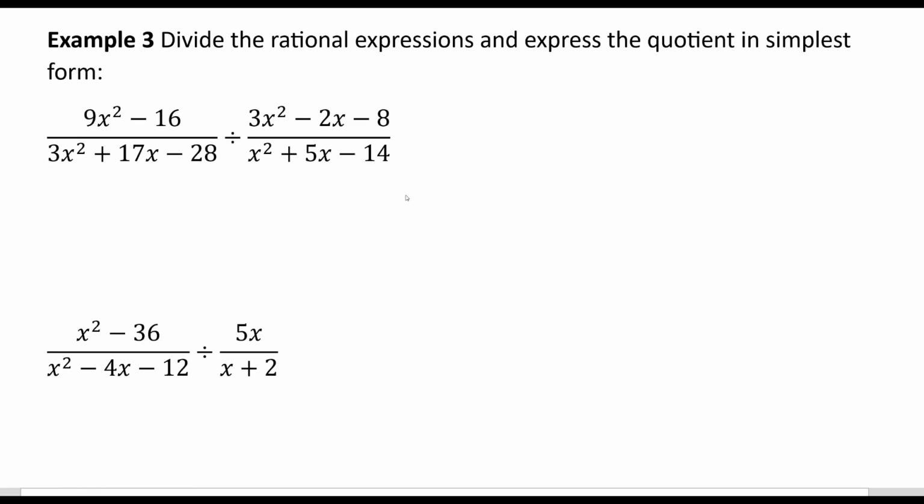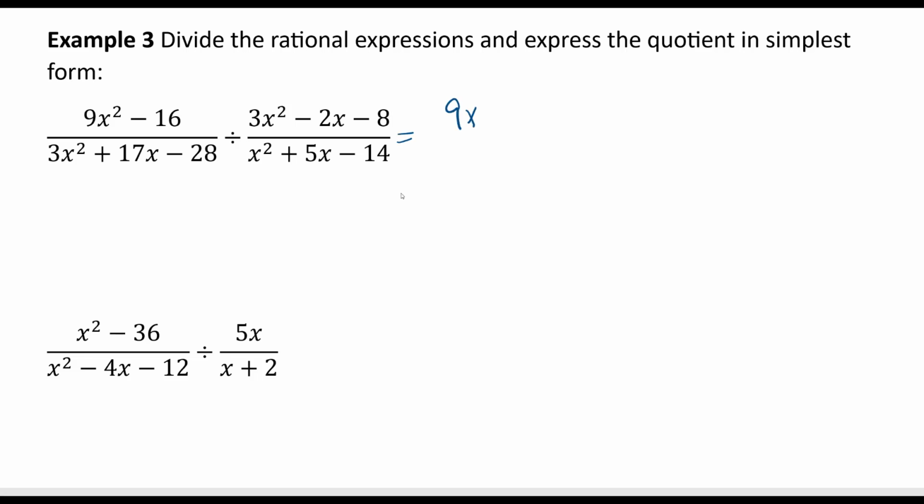Okay, so let's see what we have here. 9x squared minus 16 divided by 3x squared plus 17x minus 28, divided by 3x squared minus 2x minus 8 over x squared plus 5x minus 14. So they're saying just to rewrite this right off the bat.